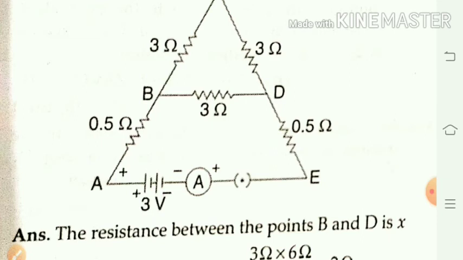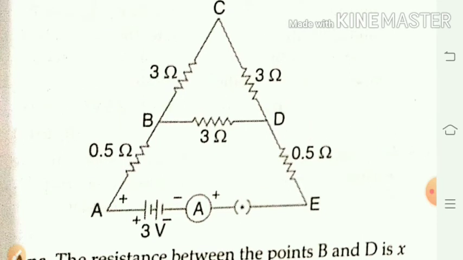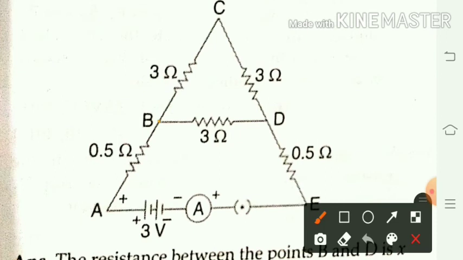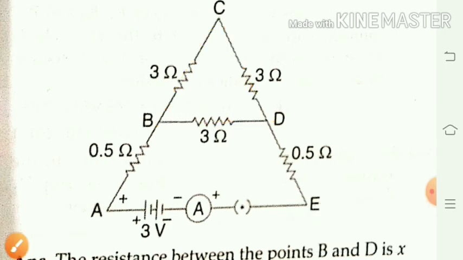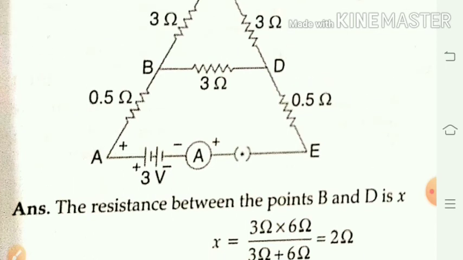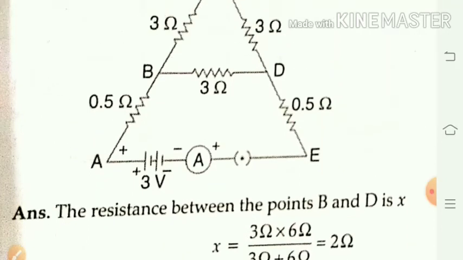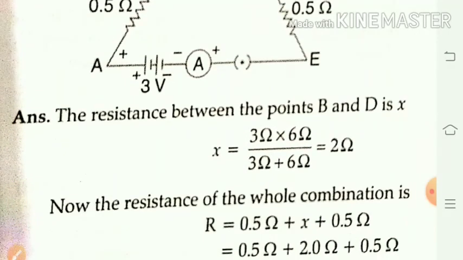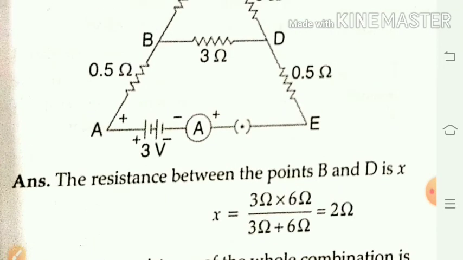You have to take the resistance between the points BD, so this part you have to consider from the circuit. From it you will easily understand that the value X will be equal to 3 ohm into 6 ohm upon 3 ohm plus 6 ohm. It becomes equal to 2 ohm.